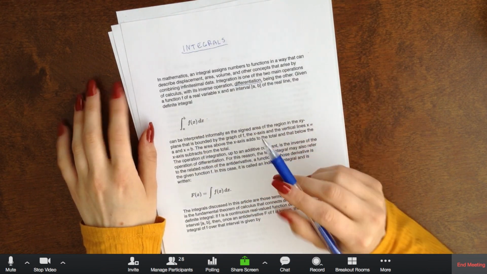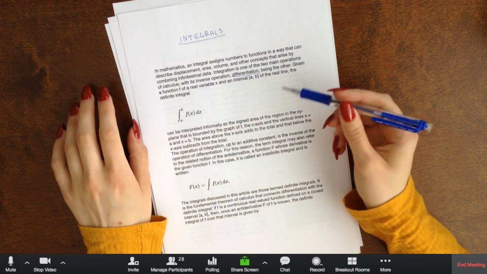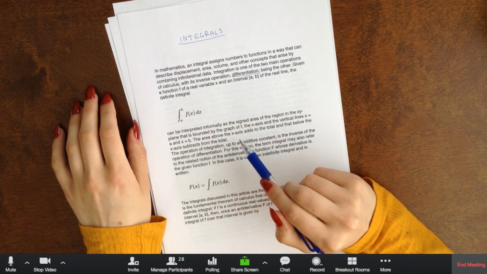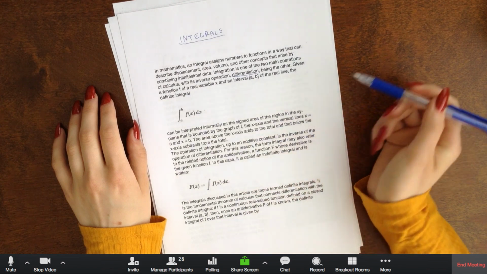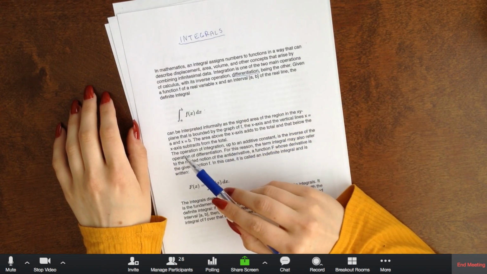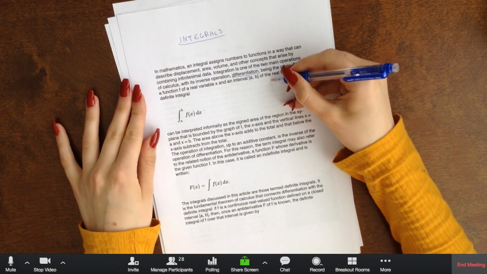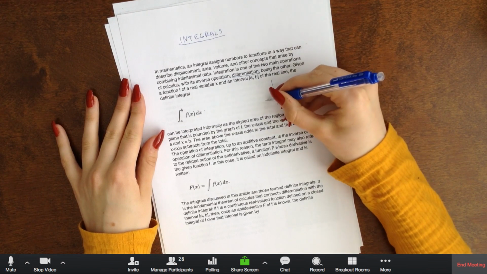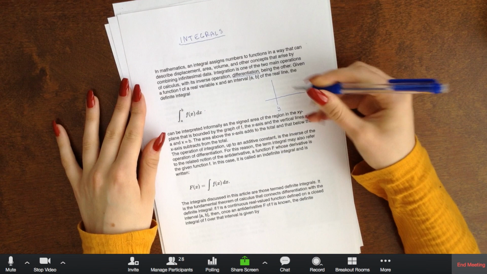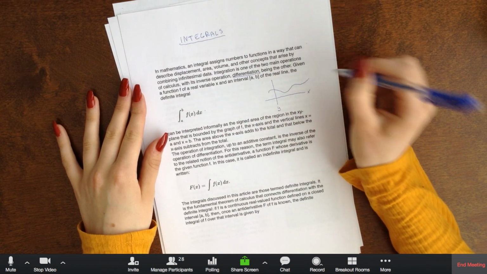Okay. This can be interpreted informally as the signed area of the region in the xy plane that is bounded by the graph of f, the x-axis, and the vertical lines x equals a and x equals b. So let me draw a picture of that. So here we have the y-axis, x-axis, and let's say that our graph goes just like that.